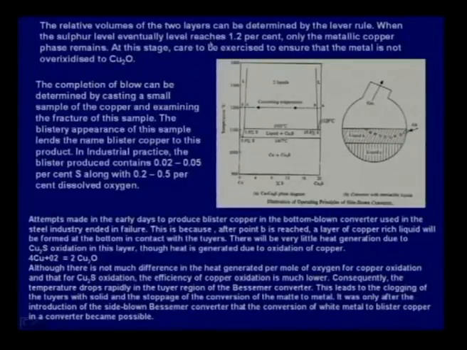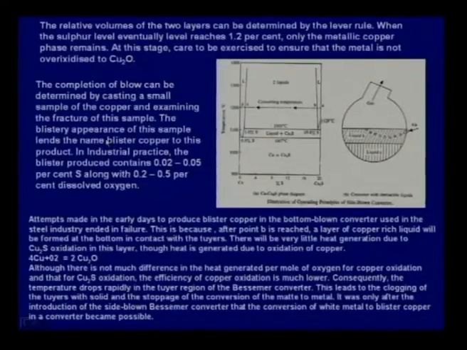Let me go through this first. The relative volumes of the 2 layers can be determined by the lever rule. When the sulfur level eventually drops to 1.2%, only the metallic copper phase remains. At this stage, care has to be exercised to ensure the metal is not over oxidized.